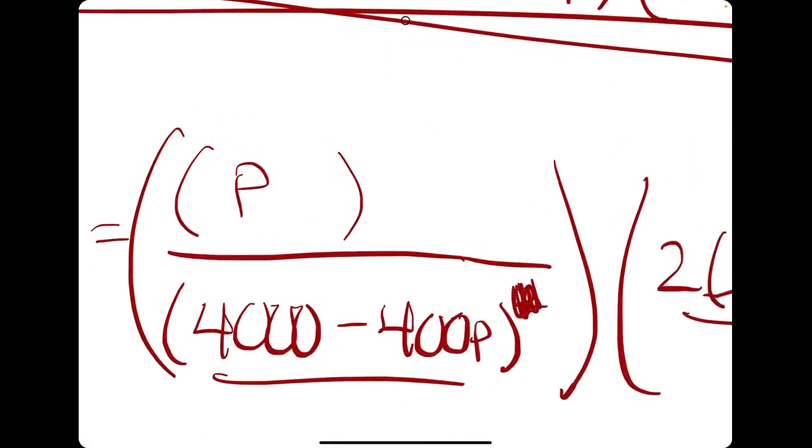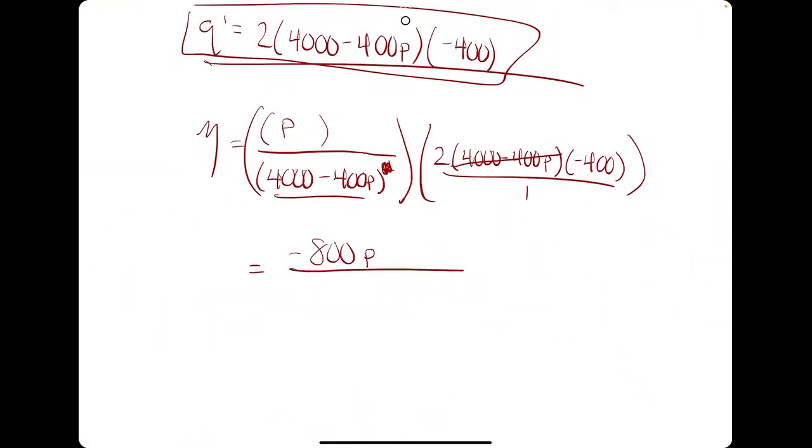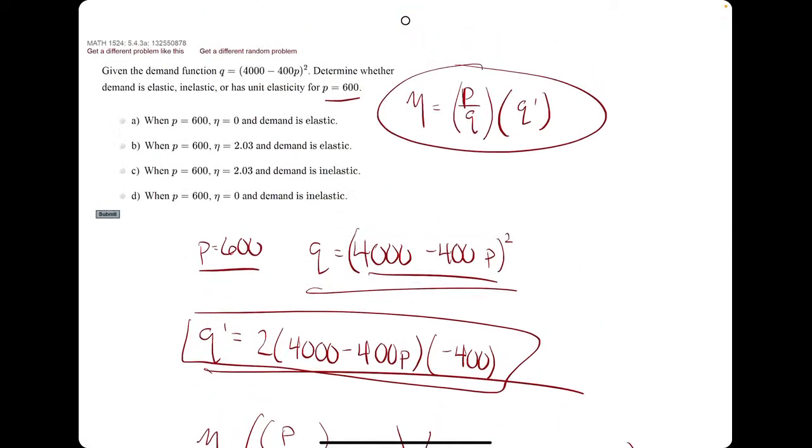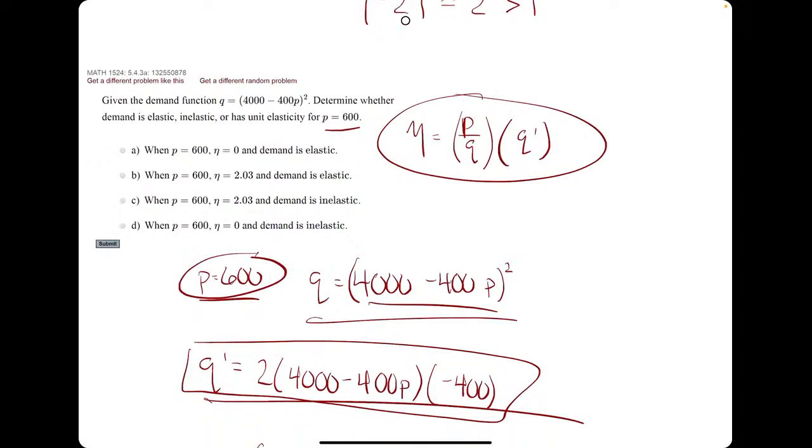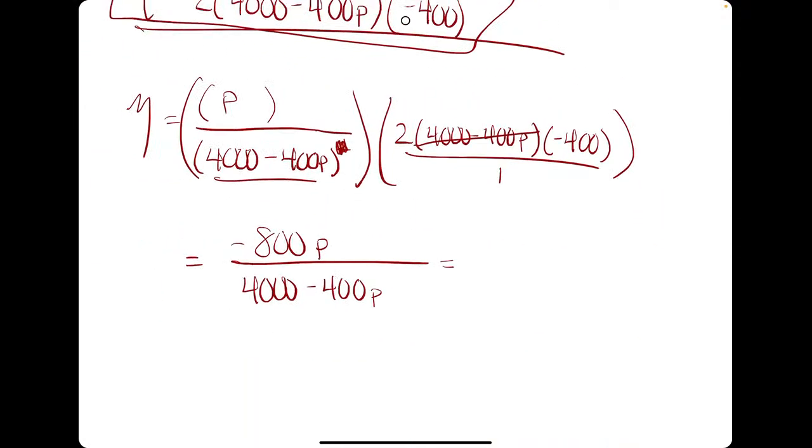We keep the p from over here, and we're dividing by 4,000 minus 400p. And now, our p was 600. So we plug in 600 where we see p, and then we will calculate what that is. And again, that should give us the elasticity, the n value.